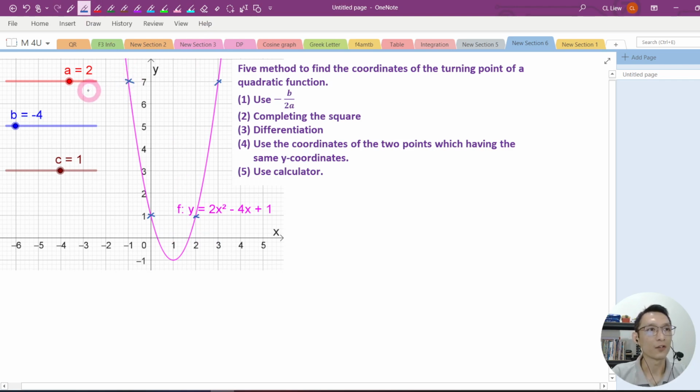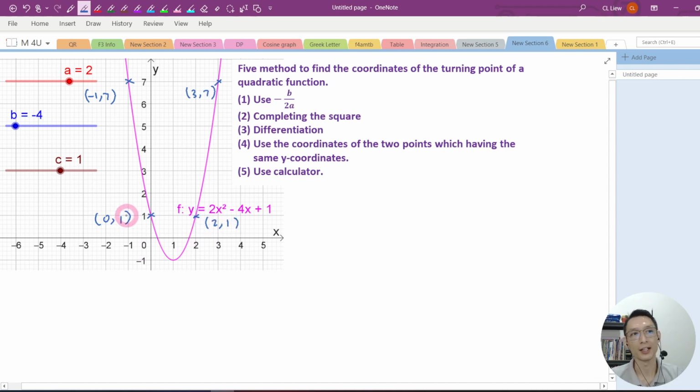What is the coordinate of this point? -1, 7. What is the coordinate of this point? 3, 7. Do you notice that they have the same y coordinate? How about this one? This is 0, 1. How about this? This is 2, 1.